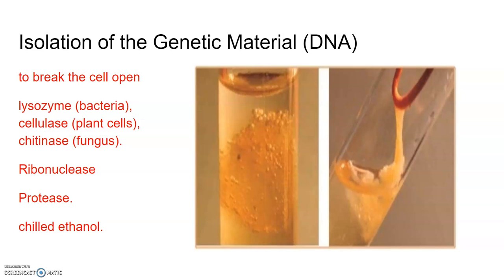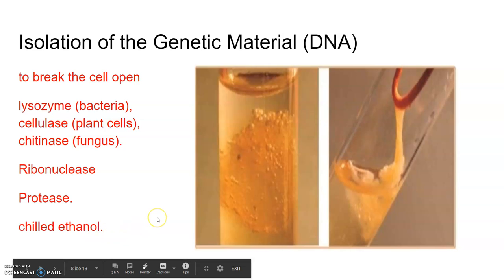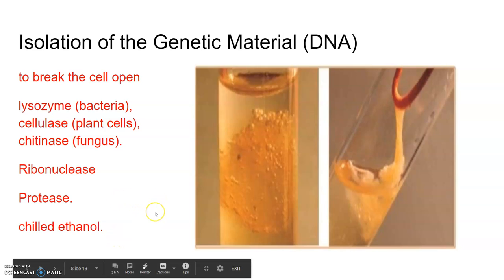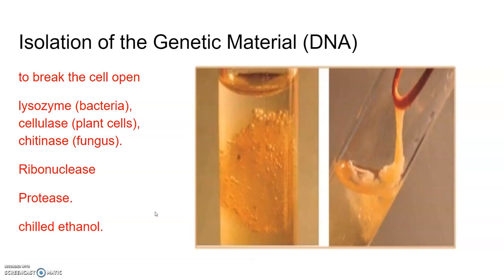Purified DNA ultimately precipitates out after the addition of chilled ethanol. This is one of your experiments also in the biology experiments. I'll be sending you the video for the same. Now this can be seen as a collection of fine threads in the suspension. So this is the first step, that is isolation of the DNA, how DNA is extracted from the plant material in the lab.